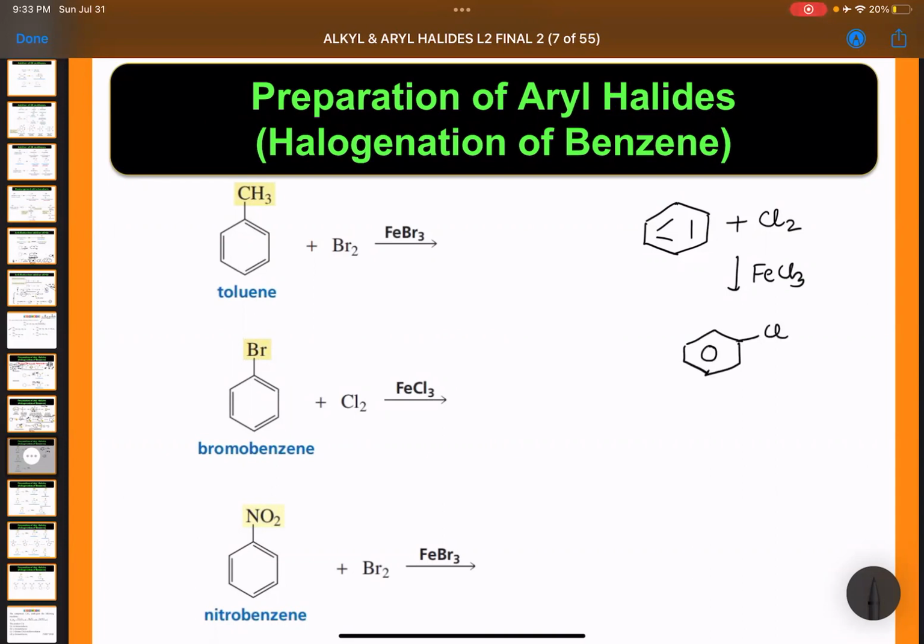Why one? Because in benzene without any substituent, all 6 carbons are the same. You can put Cl anywhere. It's a regular hexagon. It doesn't matter. So you will get only one type of chlorobenzene.